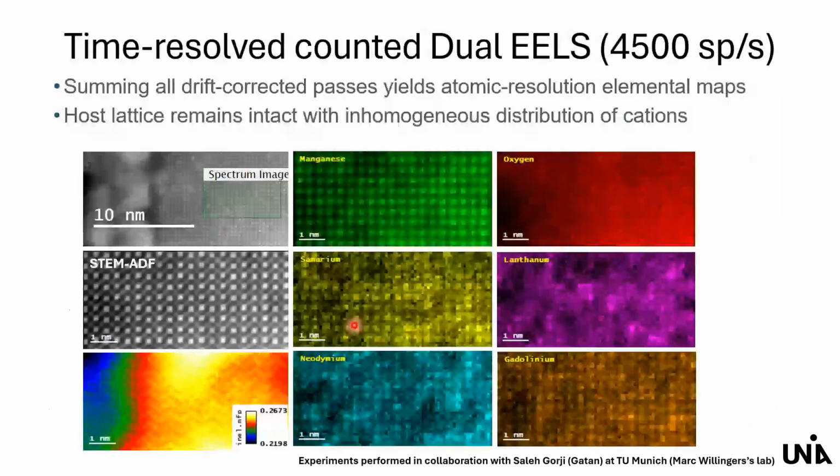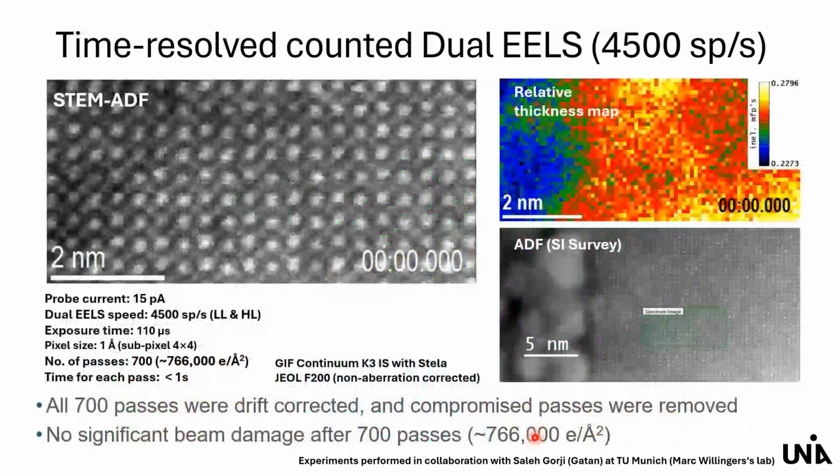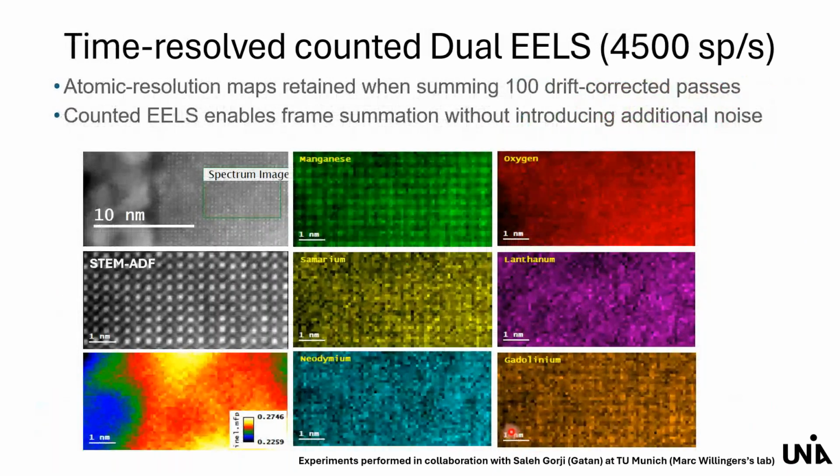So when you see the total sum of the 700 maps and compare it to the first 100 frames, then you see, for example, when you look at the gadolinium, obviously on the left side some darker region, and this is also present here for the first 100 frames. So this is obviously not changing significantly.